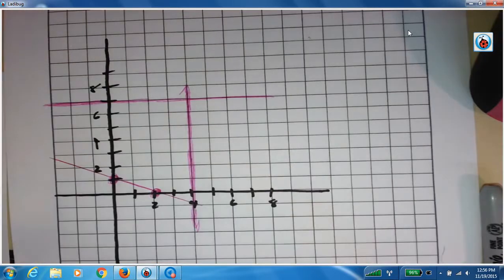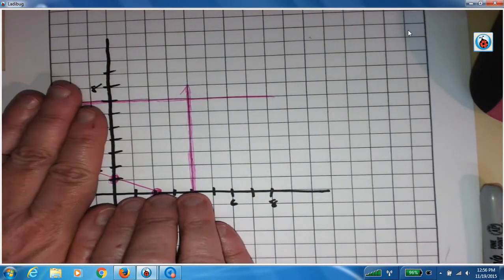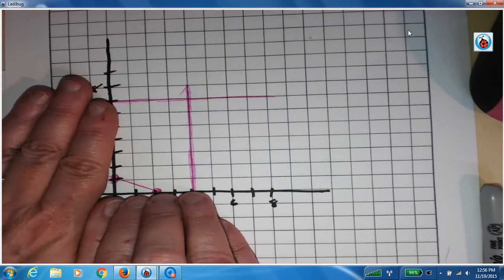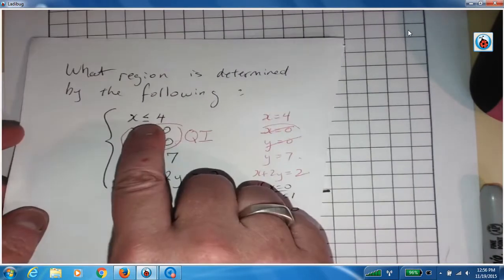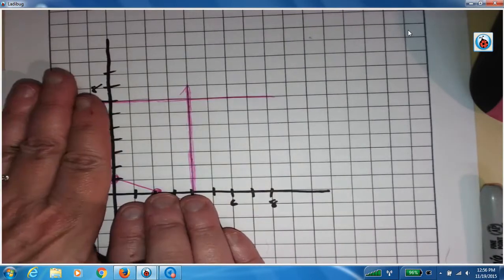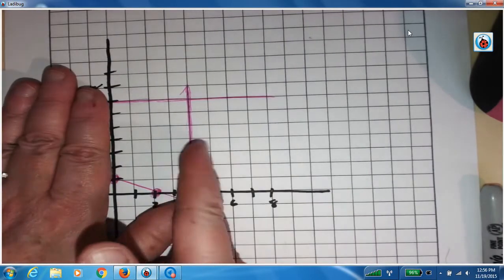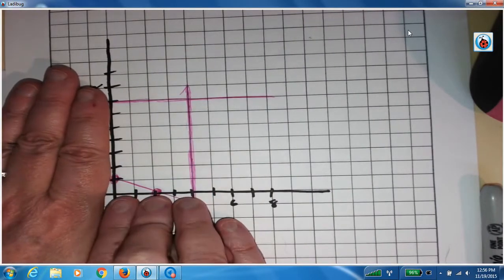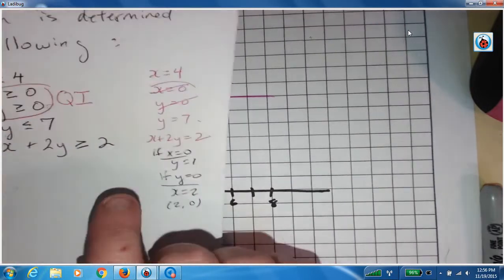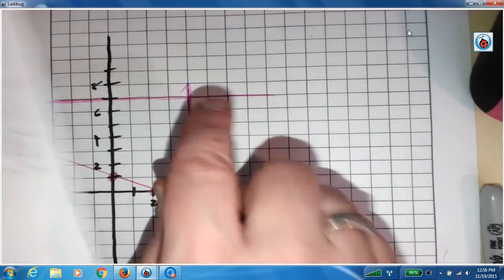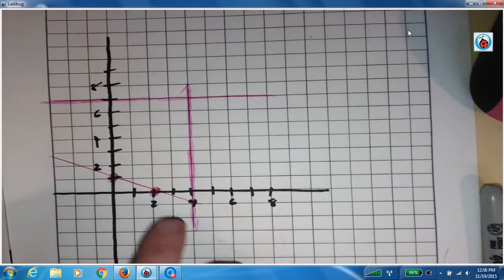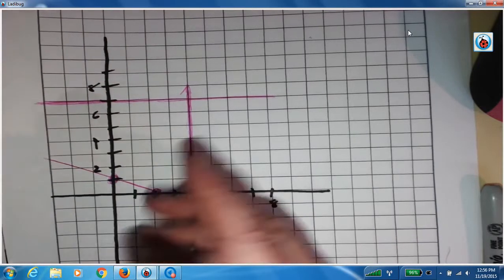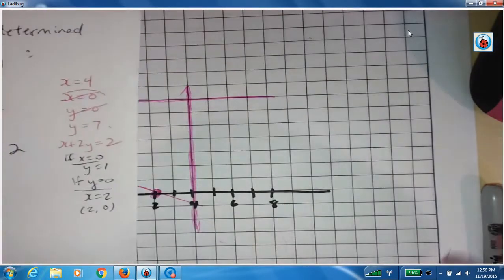Okay, now we know that we are restricted to the first quadrant. Okay, so that's the first thing. And x less than or equal to 4 is going to be everything to the left of this line. And y less than or equal to 7 is going to be everything below this line. And then I just have to figure out what region am I in with the line.